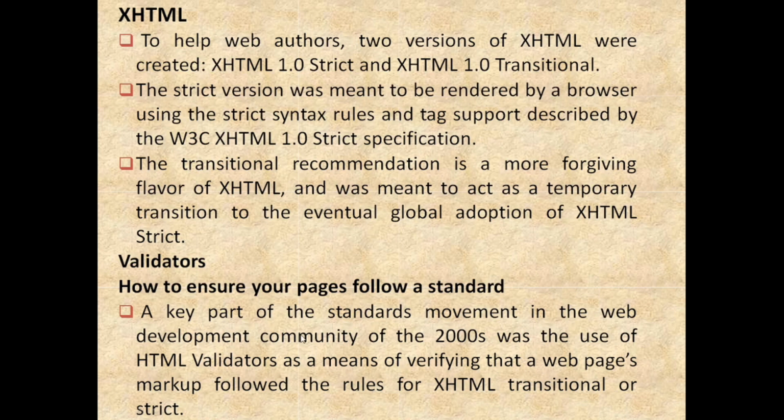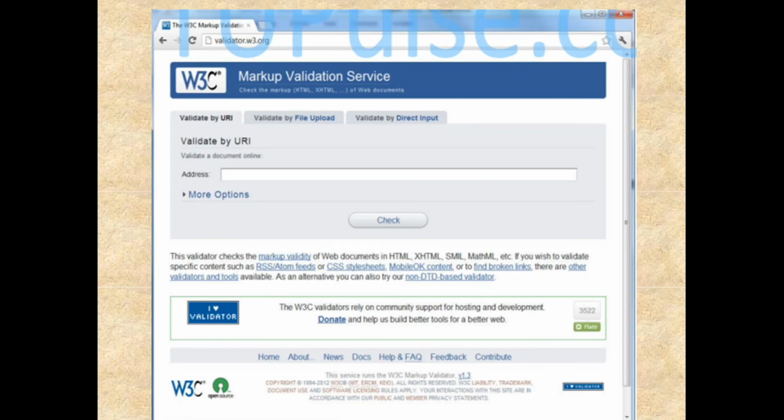So they created a website known as a validator. We dump our web page into these validators, and they tell us whether we are following the first version or the second version. For example, this is how validators look.